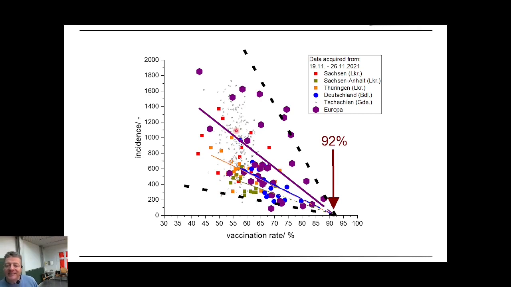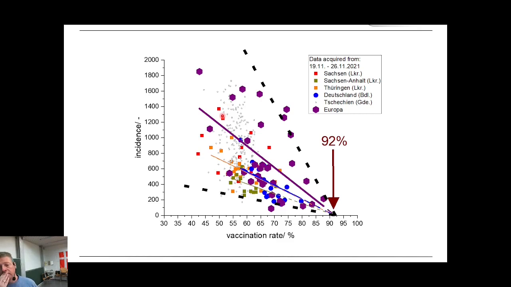But what is evident from this picture is that when we approach higher vaccination rates, you can draw an upper overlapping line, this black dashed line, and you can plot another black dashed line, so that all the data points are above them.